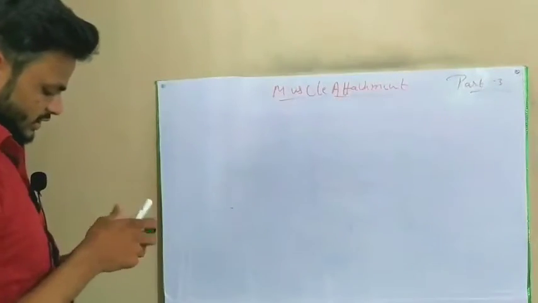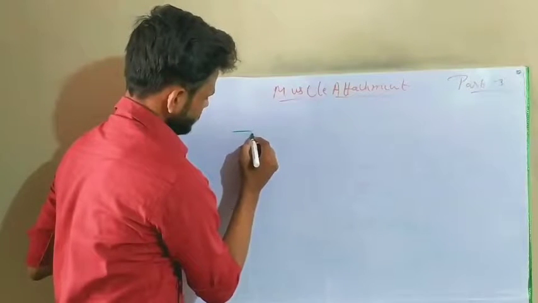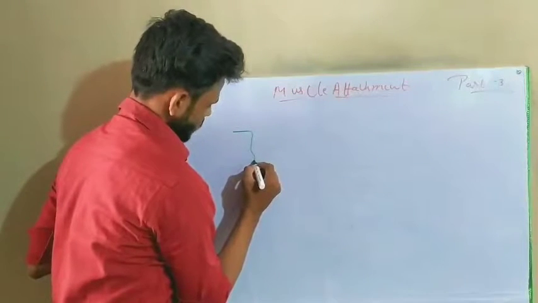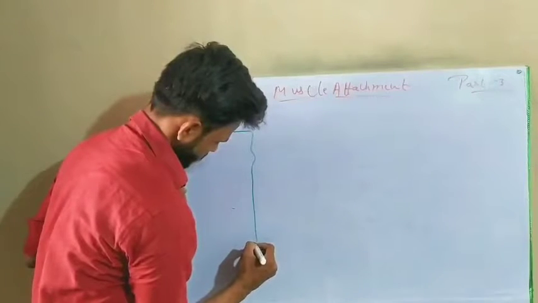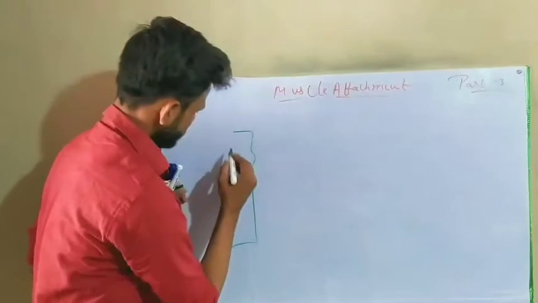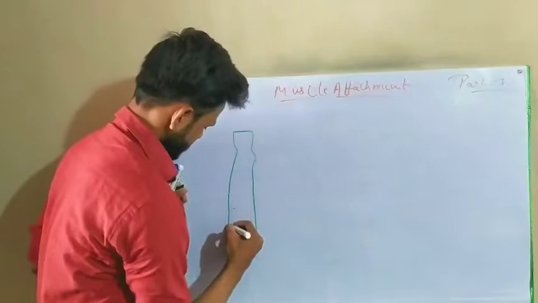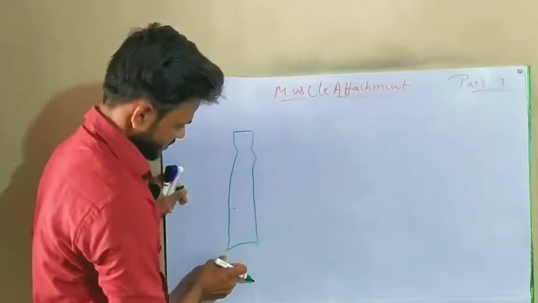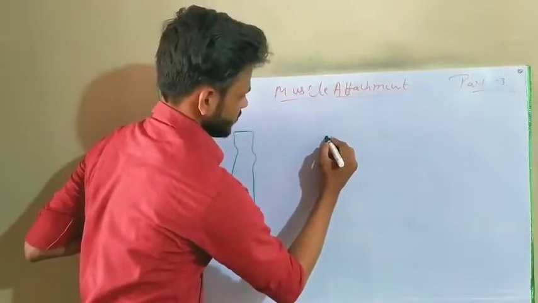For the muscular attachment, I will draw a diagram of the radius. This is the anterior view of the radius and this is the posterior view.